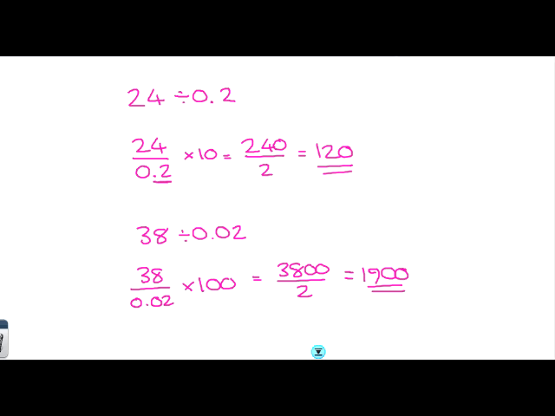And we can make it harder still. So let's look at this one. Let's do 36 divided by 0.12. That's a really nasty looking number, so write it as a fraction. How can I remove this decimal so it's just 12?